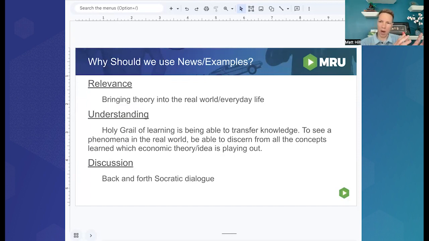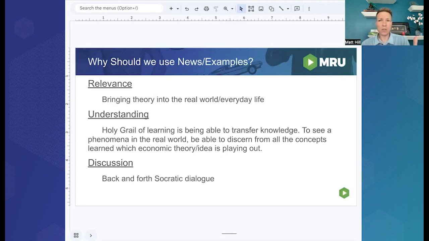We're learning about monetary policy, and we can see the Fed conducting monetary policy. Or we're learning about inflation, and we can see inflation out there. That's really the holy grail, and the goal of almost any learning: they learn something in the classroom and they're able to apply it to their real world experience.